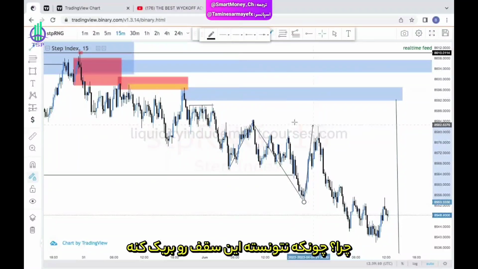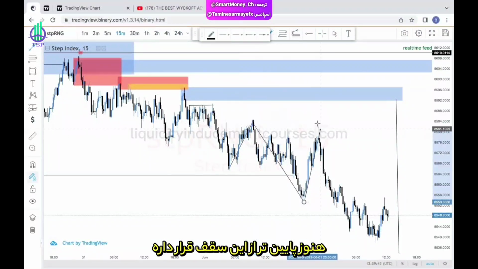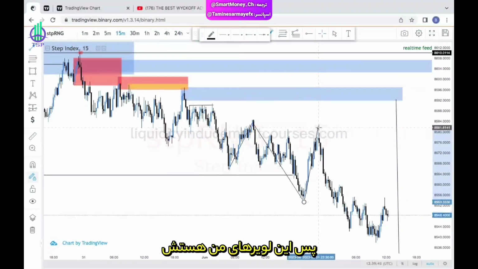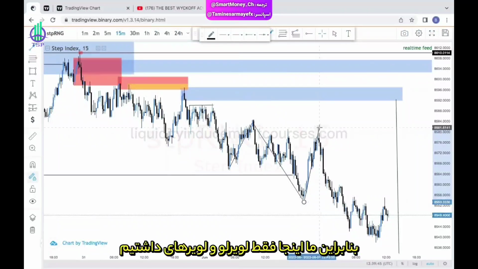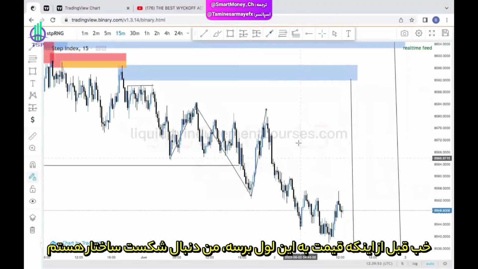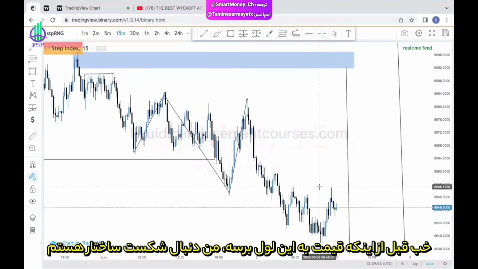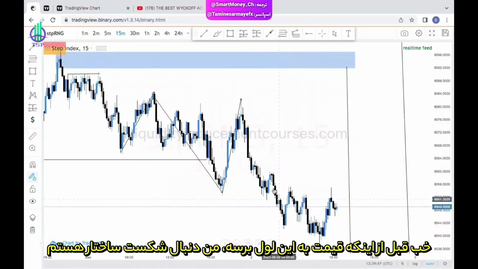Okay, why? Because it did not take out this high. It is still in the confines of this high. Okay, so this is my lower high. So hence we've been having lower highs and lower lows. Okay, so before I approach this level, I want to see some sort of a break of structure of some sort.